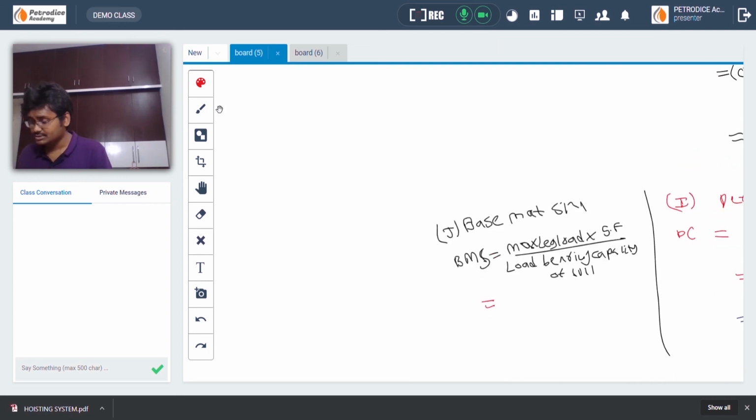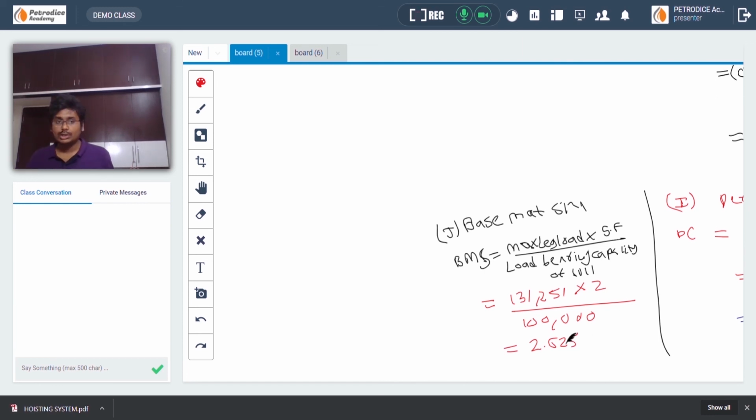The maximum load is 131,250, and safety factor is 2. And load bearing capacity, I think it is 100,000. So the base mat size is equal to 2.625.